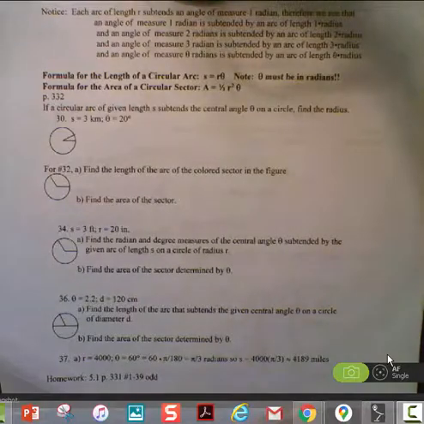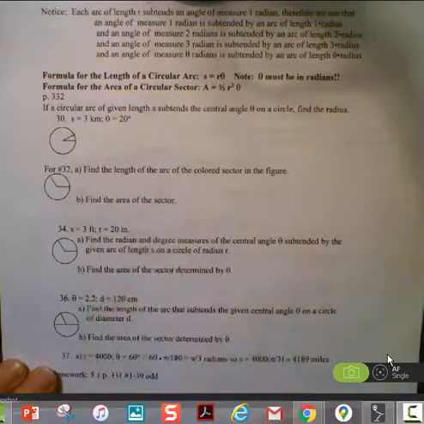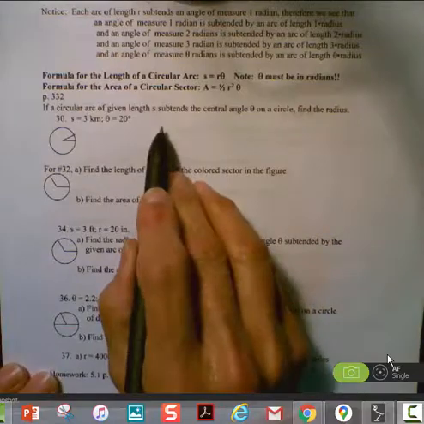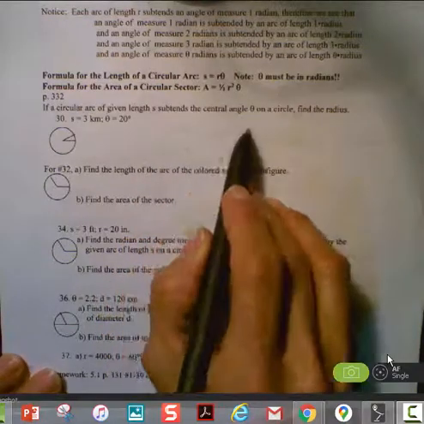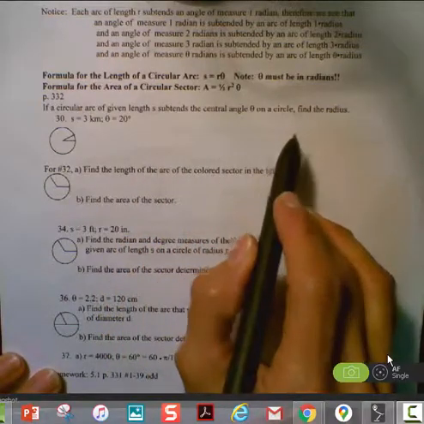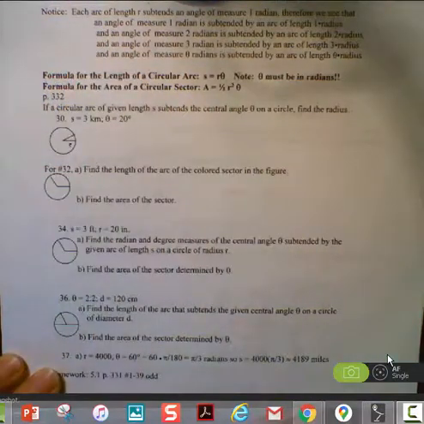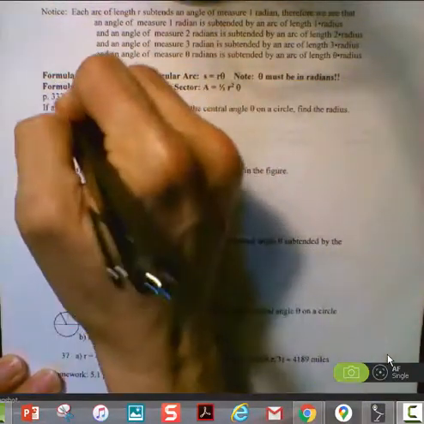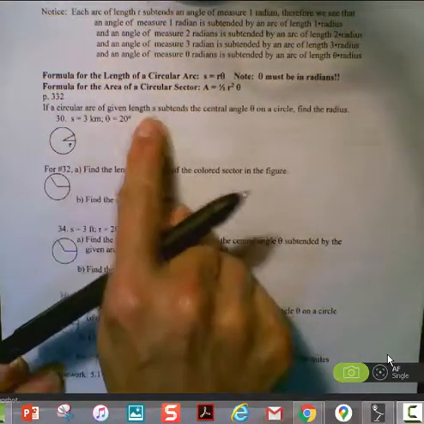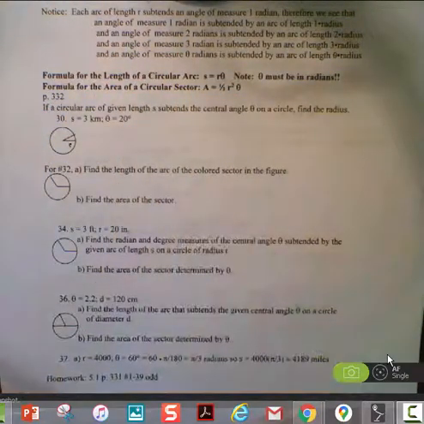So let's look at this first example. If a circular arc of a given length S subtends the central angle theta on a circle, find the radius. Let's just label that radius r, and they're telling us that the S stands for the arc length.